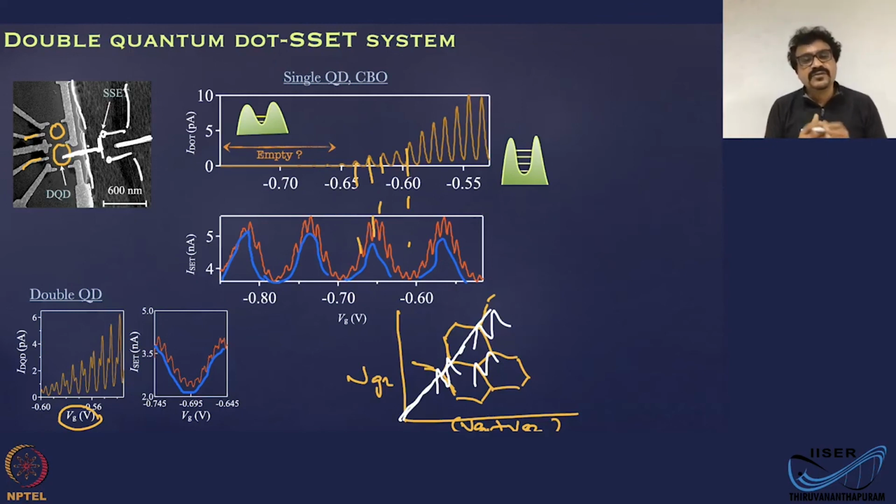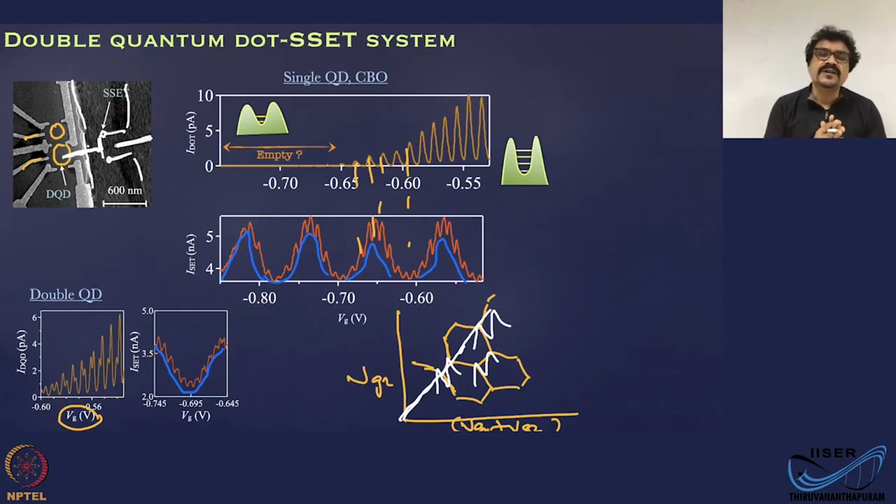Okay, so in a nutshell, what we have discussed so far is charge sensing using a single electron transistor. Single electron transistors can come in normal, superconducting, semiconducting, semi-metal, whatever format, whatever system.